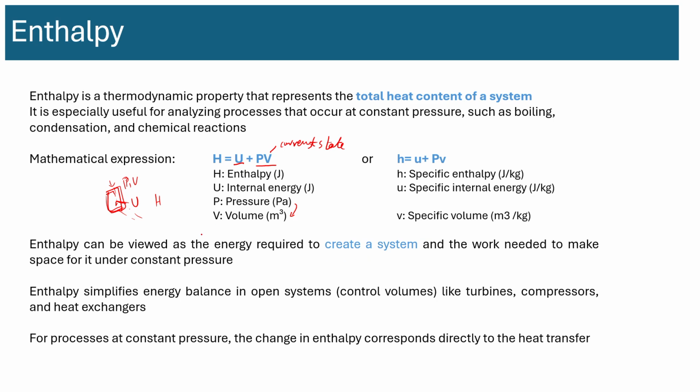If somebody had to create a system with internal energy U, they had to spend more energy than U, and that extra energy is the PV energy. So U plus PV is that extra energy that somebody had spent, and you name everything together as enthalpy.